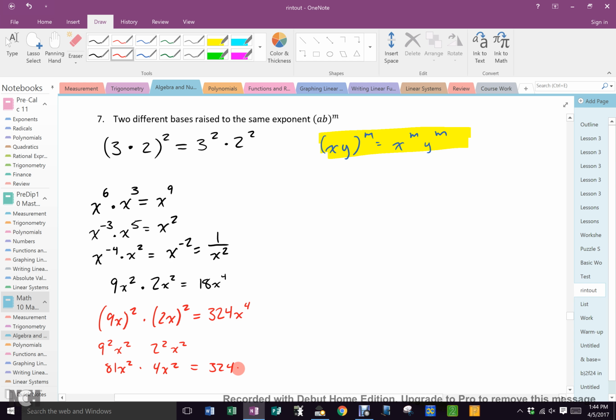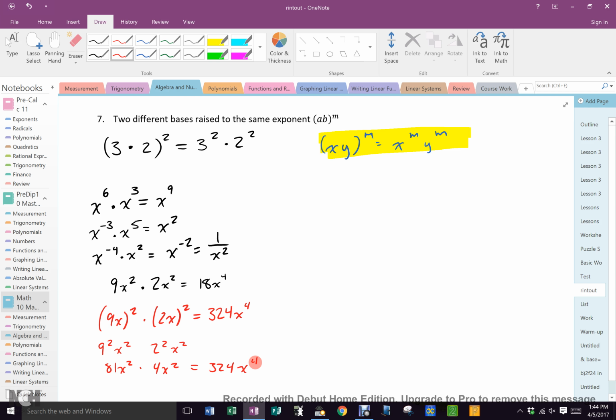X squared and x squared is x to the fourth. Everybody good? It's not difficult, but it's precise, yes? You have to be very careful, right? But it's not hard because it's just multiplying, right?